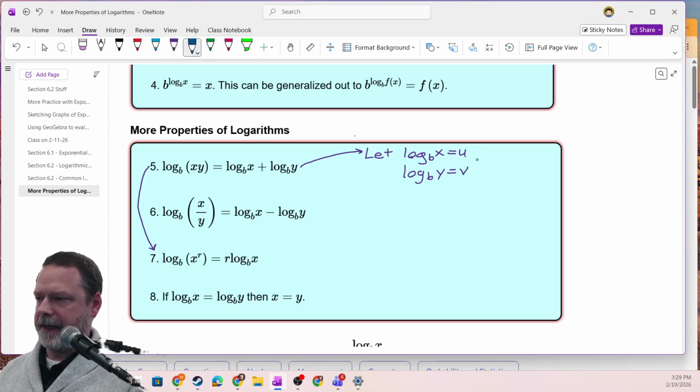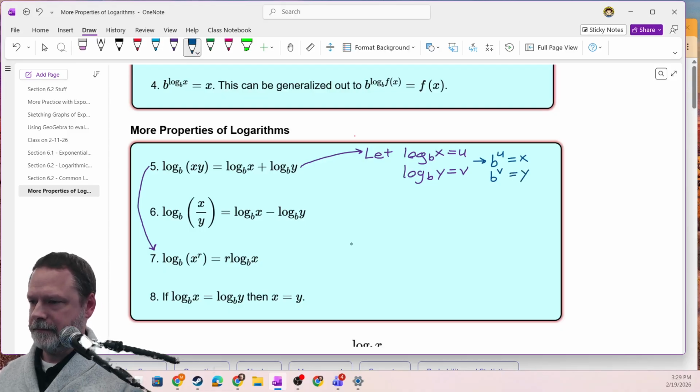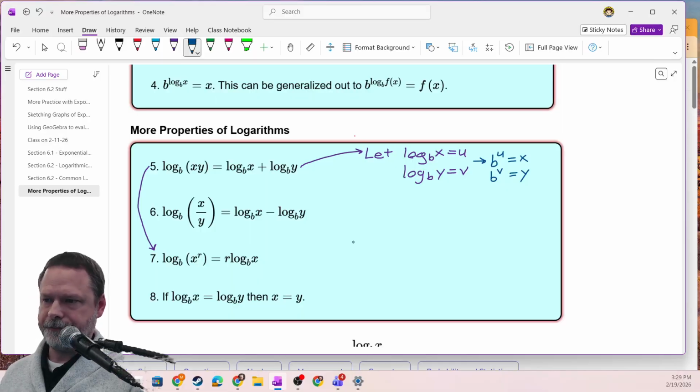And if that's the case, then using our definition for logs, we can say b to the u equals x and b to the v equals y. All right. So now if we have those two things, and vice versa, really, I could start with this and go back and say, well, then this is true.